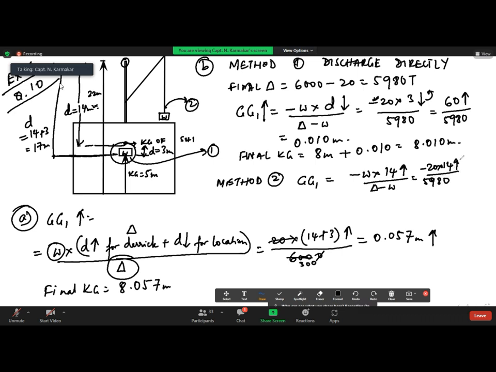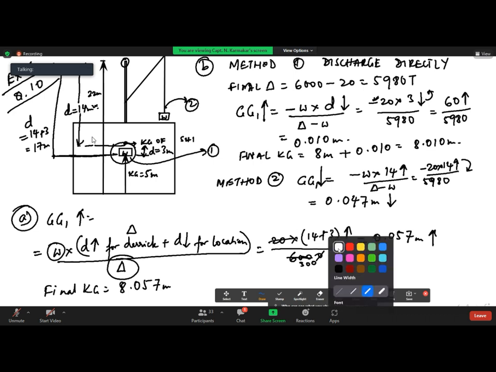Minus, and if we want to change the arrow, I will change it to the downwards direction. So my answer will come how much down? 0.0468. 0.04687 and downwards. 68, sir? 0.0468, right? Yes, sir. So we make the 68 into 7, that makes 3 digits. Will it work? Yes, sir. Okay.